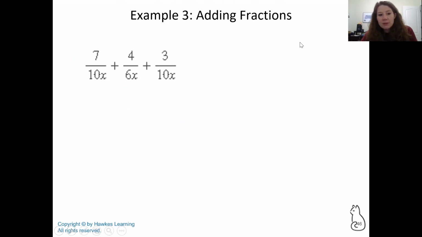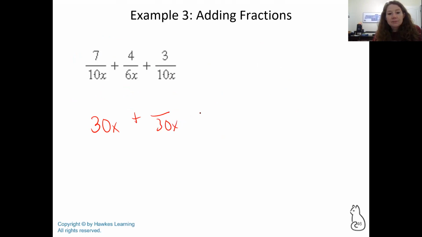Now, it can be a little tricky when we start using variables, but it doesn't have to be. Now, obviously, all of these already have an x in the denominator. So we're going to use 30x plus 30x plus 30x. So what times 10x is 30x?